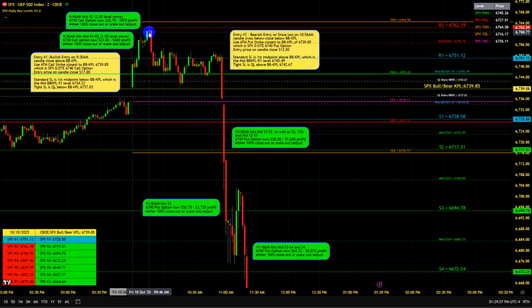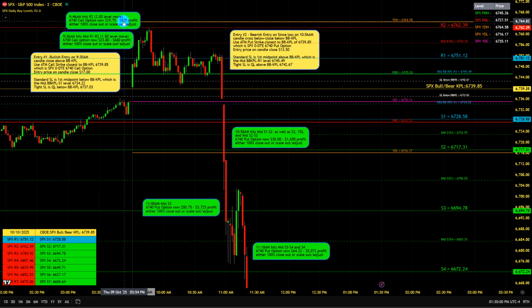On the close of this candle, as you can see, the candle did pop, have a wick that did hit it, and then basically came off of it a little bit and closed slightly below it. And this price is based on the close of the candle, 25.70. So at that point, closing on that candle close, you have an $870 profit per option.